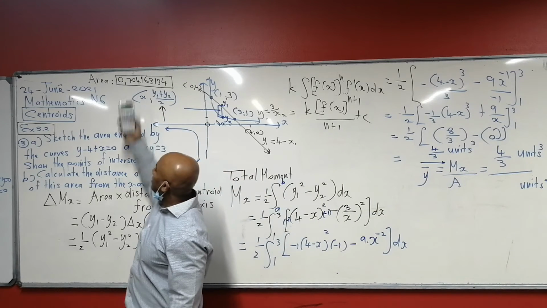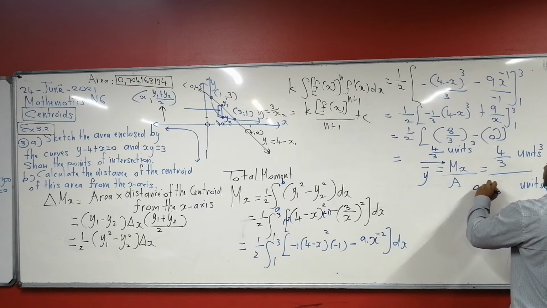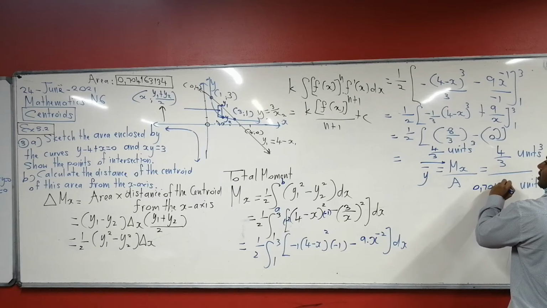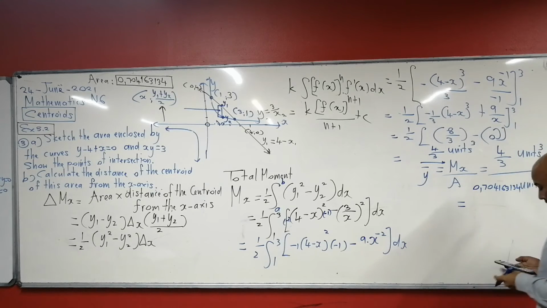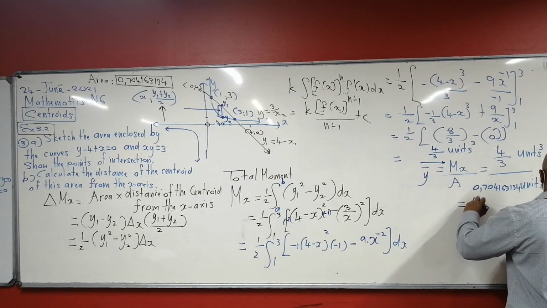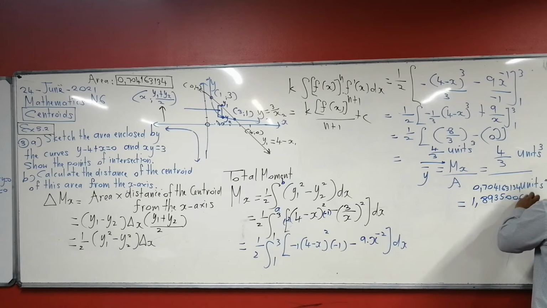I just wrote it down here now. 0.704 163,134, and then we get 1,893,500,624 units squared divided by units.